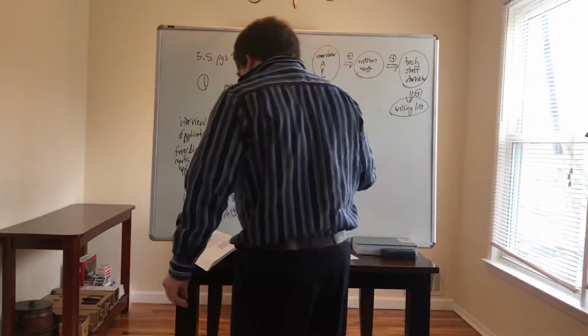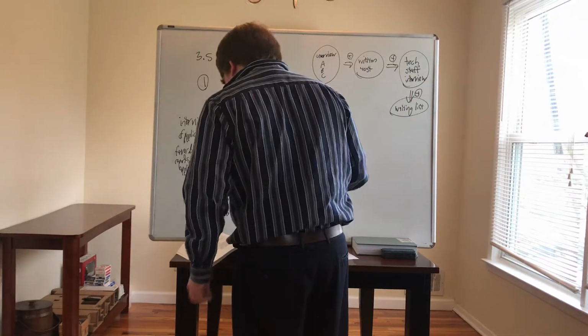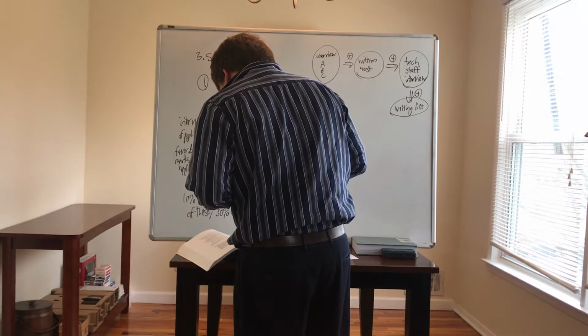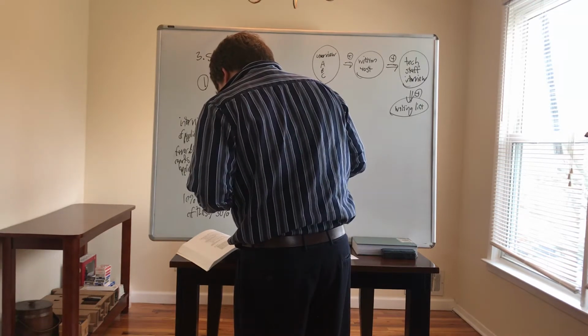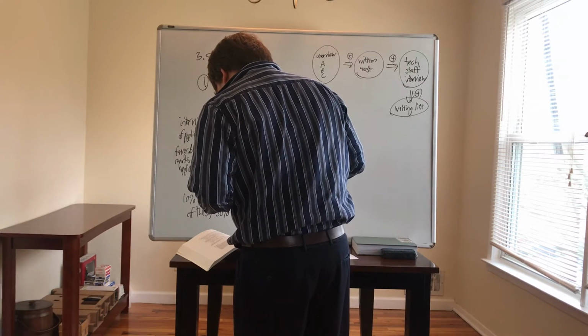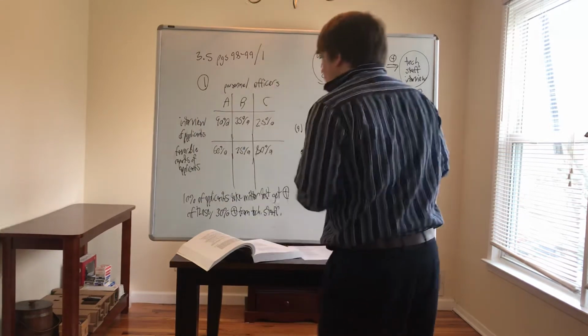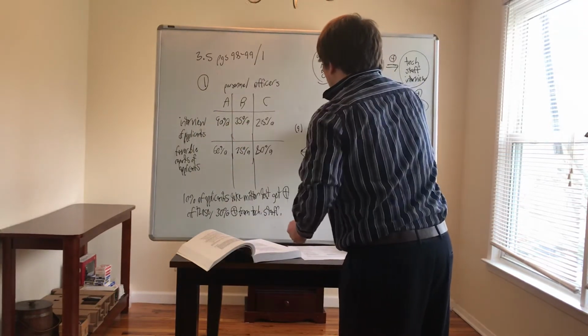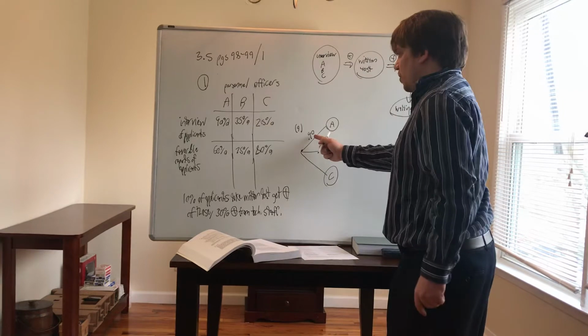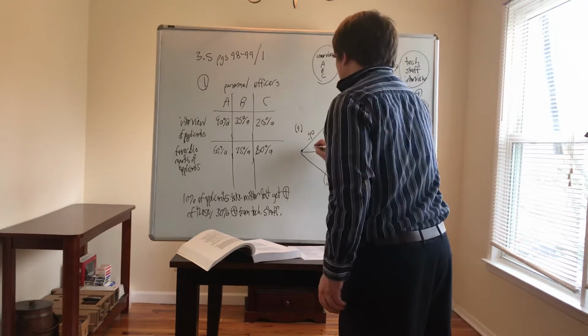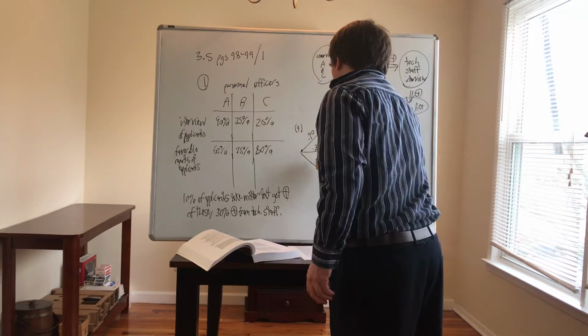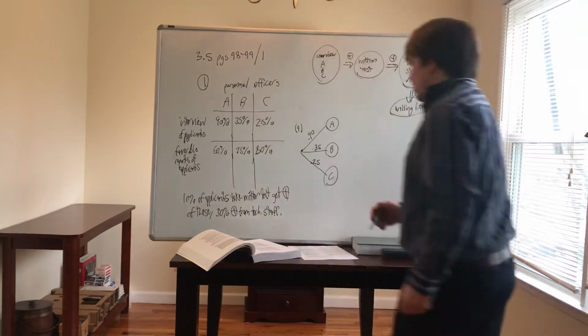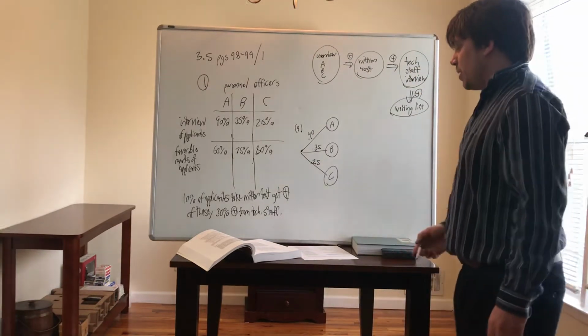Then, depending on that interview, so A interviews 40%. So the probability that you go along here is 0.40. The probability here is 0.35. The probability here is 0.25. That's the probabilities of being interviewed by A, B, or C.